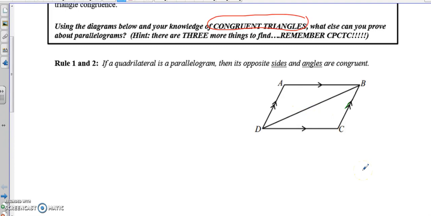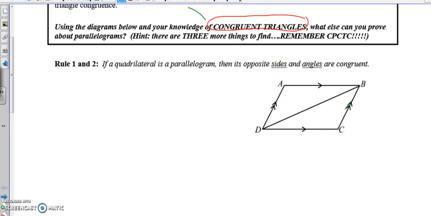What I'm going to show you right now is that we're actually going to be able to prove that these two triangles are congruent. So this triangle here, ABD, is going to be congruent to triangle DCB.